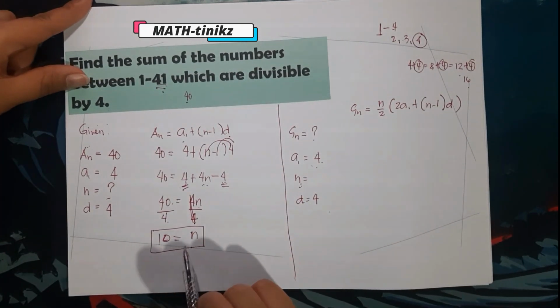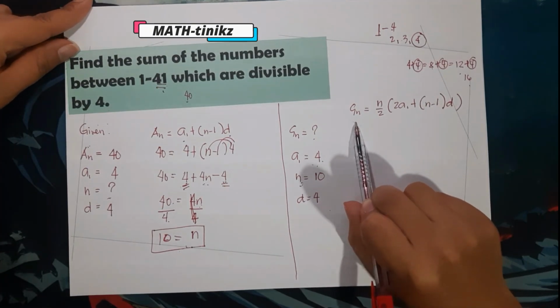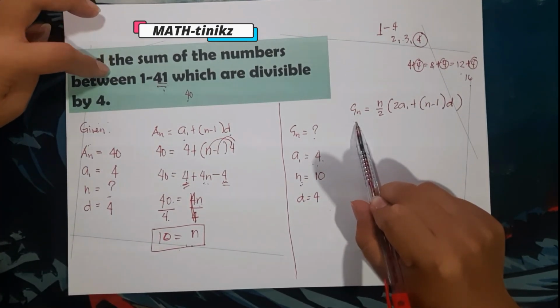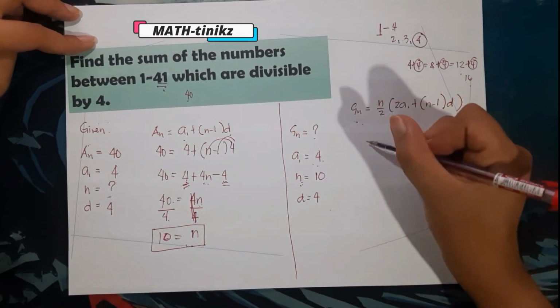Since we now have the value of n, which is equal to 10, we can now find the sum of the numbers between 1 to 41 which are divisible by 4. Just substitute.